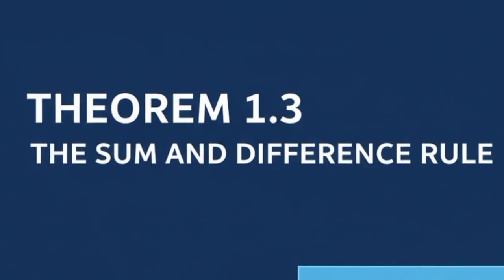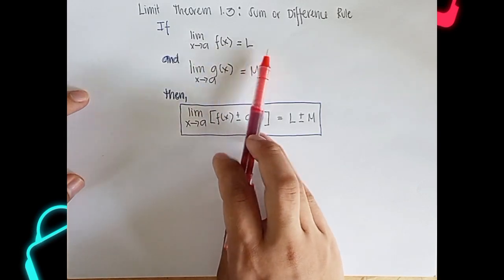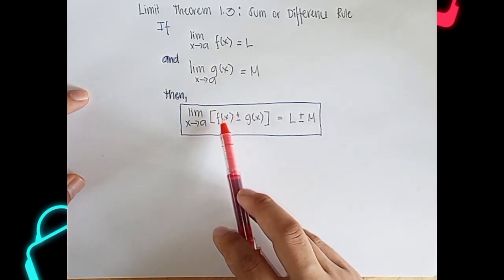So let's move on to theorem 1.3, which is the sum and difference rule. The sum and difference rule: the limit of the sum or difference of two functions is the sum or difference of their limits.